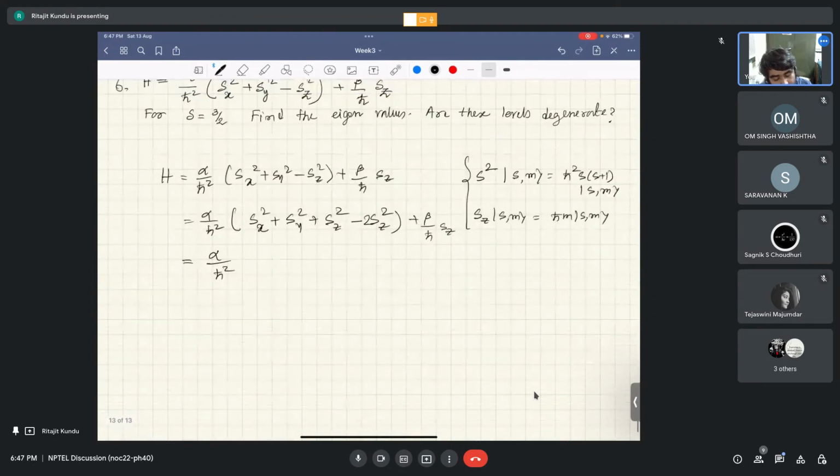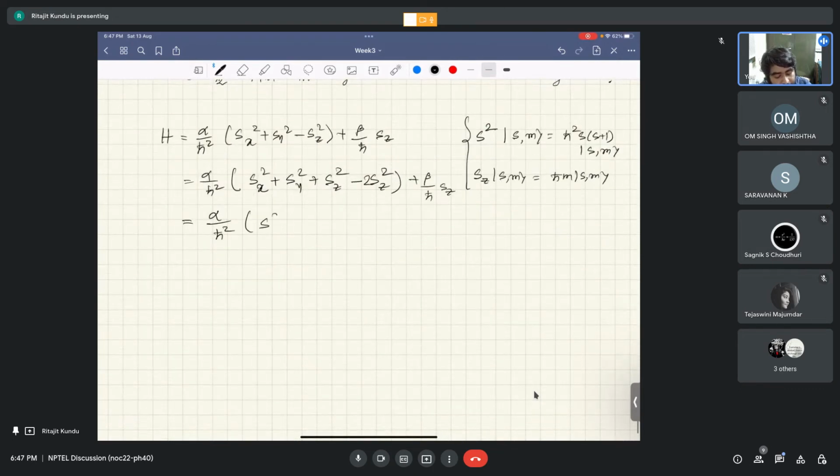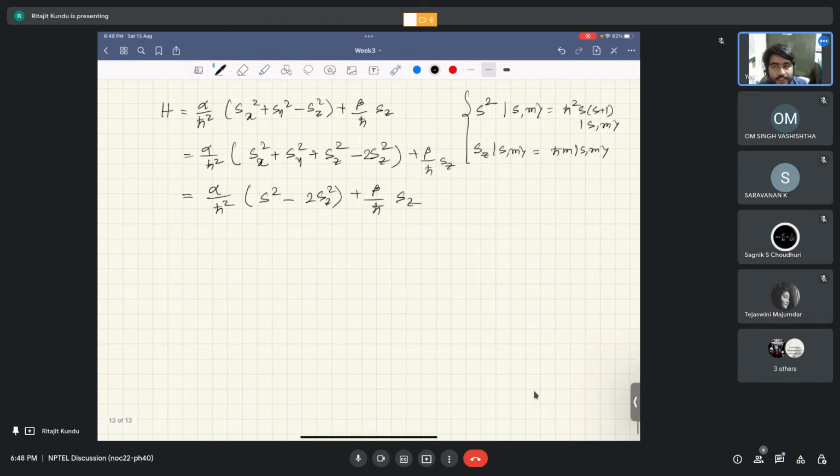So it becomes S square, I have already obtained the S square combination, minus Sz square plus beta h bar Sz. I know the eigenvalues of all of these things.